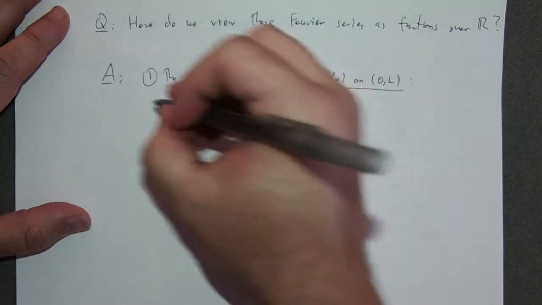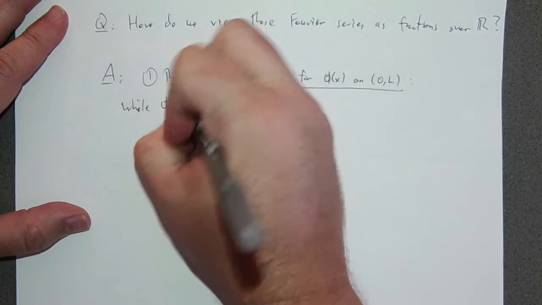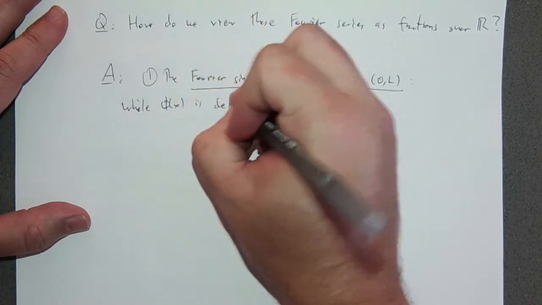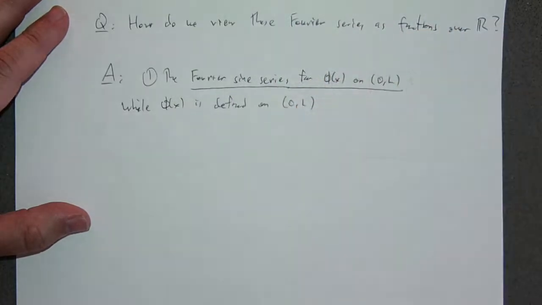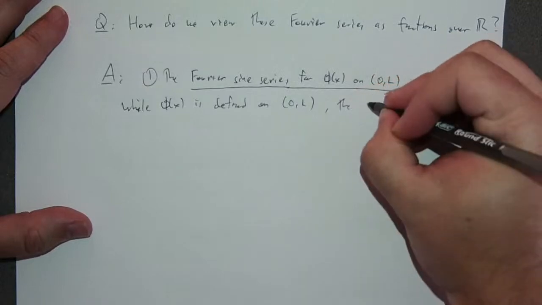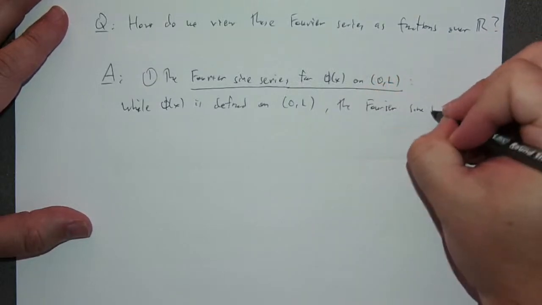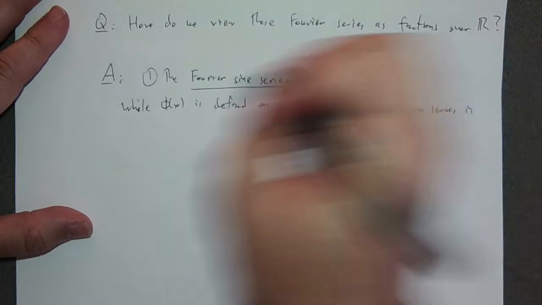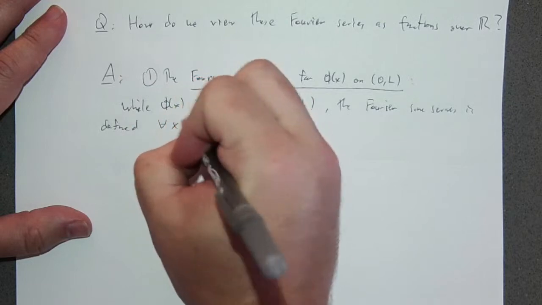While phi of x is defined on 0 to L, the Fourier sine series is defined for all x in R.